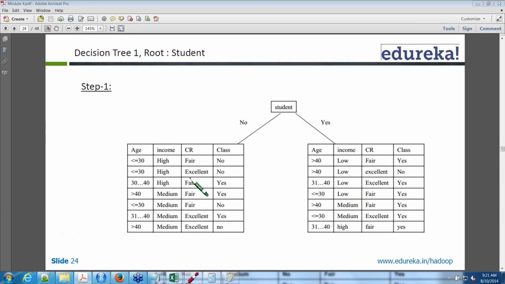So if you look here, out of the no, it will be 1, 2, 3, 4, 5, 6, 7, and here how many records are going to be no?